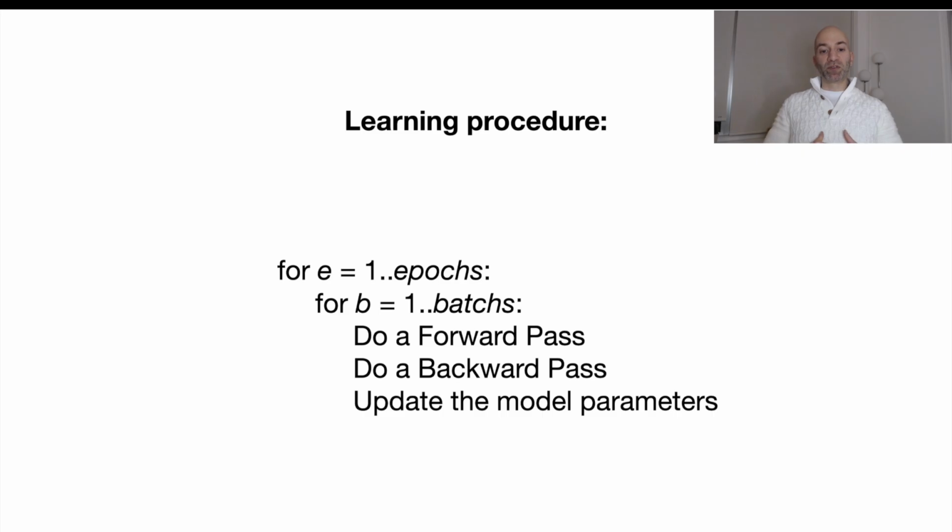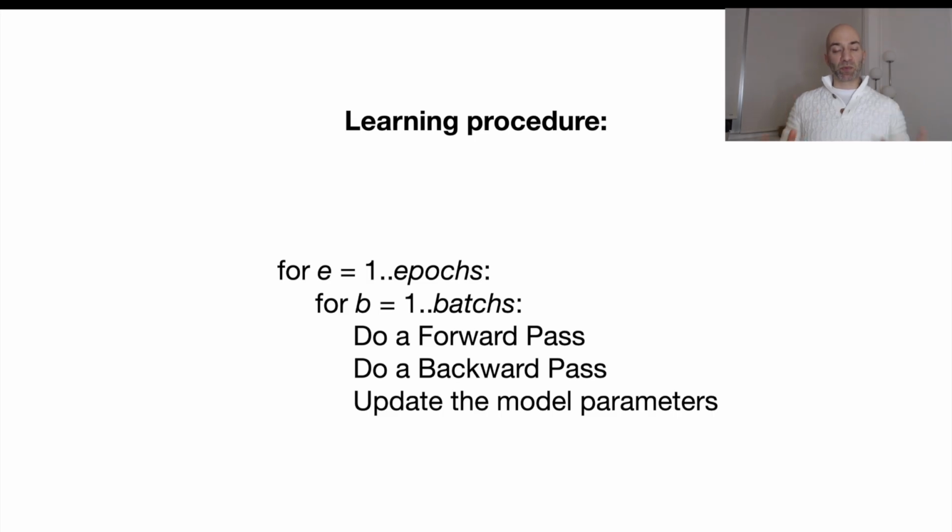We are going to iterate over a certain number of epochs, and an epoch is just an exposure of the model to our entire training set. So we're going to pass all our training data through the model and update the weights according to gradient descent. And normally with a neural network, we do this many times over.